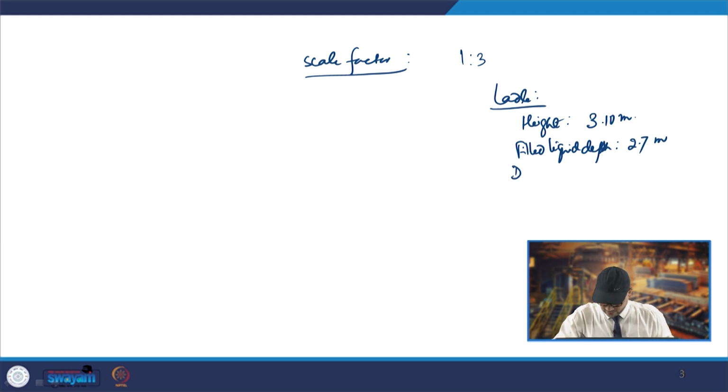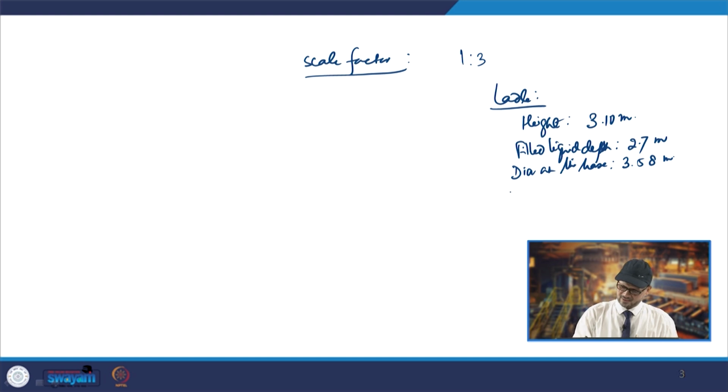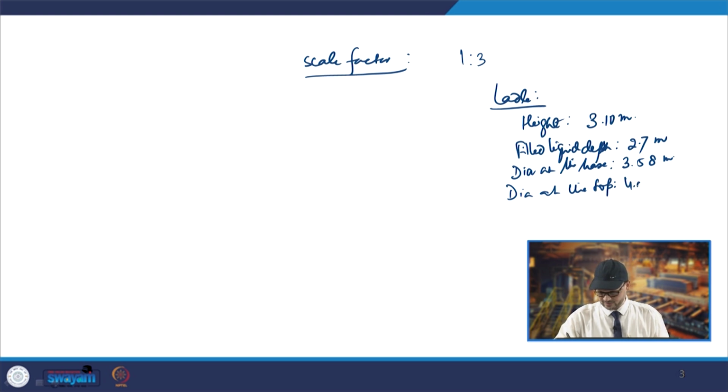The diameter at the base is given as 3.58 meter, and the diameter at the top is 4 meter.